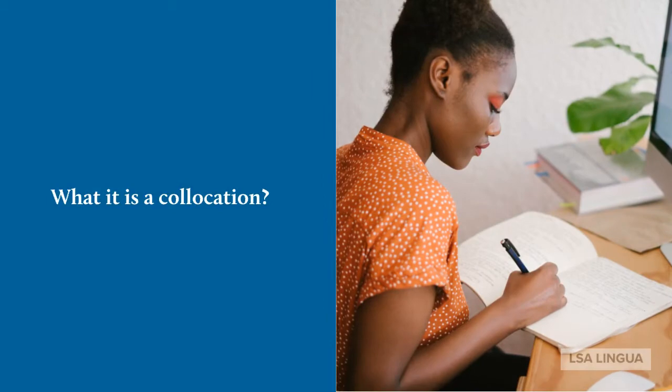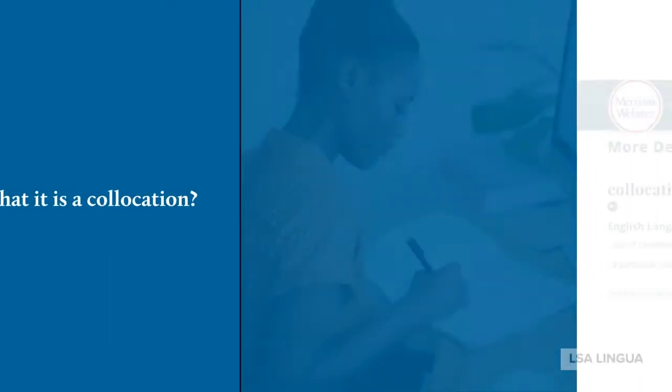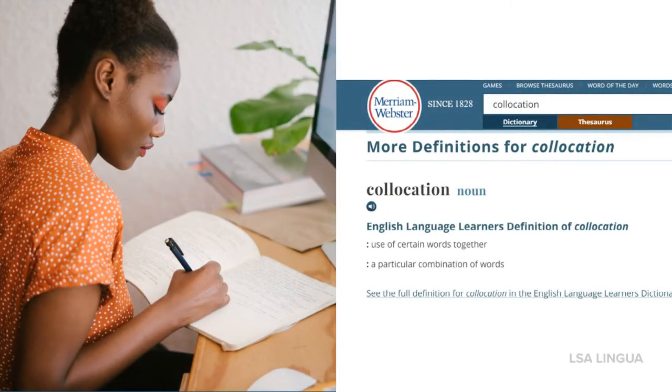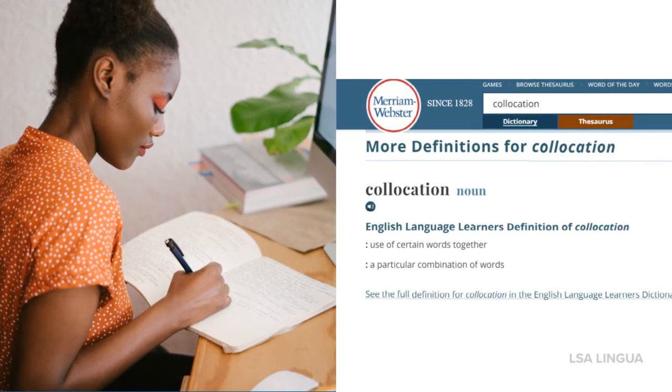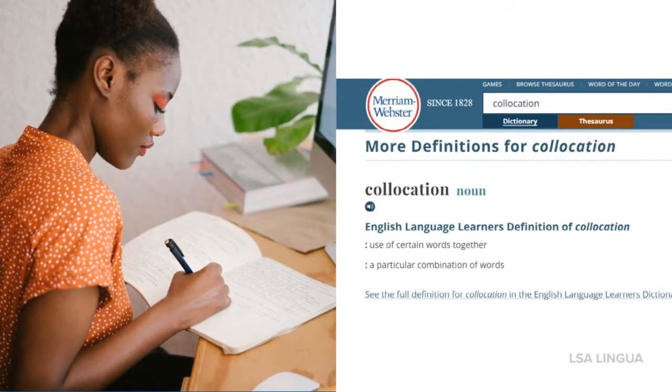So let's start by exploring what collocations are. Seeing as to how language use is a vehicle for communication and words have specific meanings, let's just first consult a good dictionary. So when we look at the Merriam-Webster dictionary, we see that the dictionary definition is the use of certain words together or a particular combination of words.